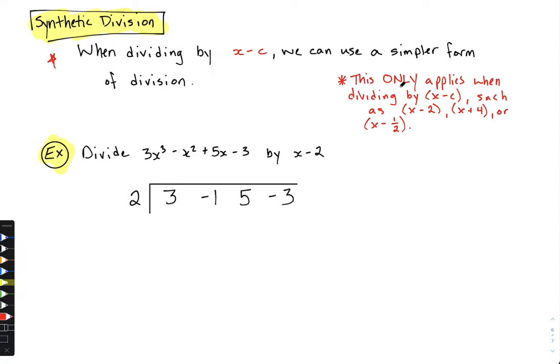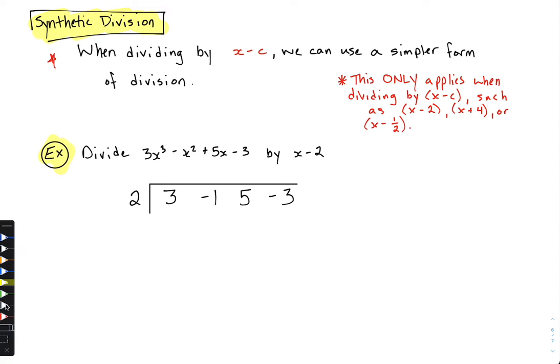So again, this only applies when we're dividing by something like x minus c. That's something like a polynomial divided by x minus 2 or x plus 4 or x minus 1/2. But if we were dividing by something like 2x minus 1, we would not be able to do synthetic. Synthetic only works for x plus or minus a constant term.